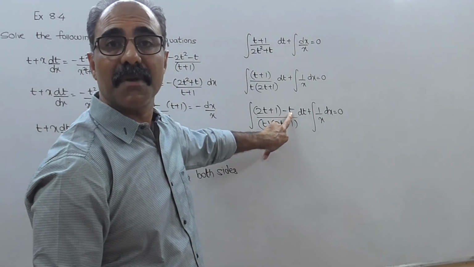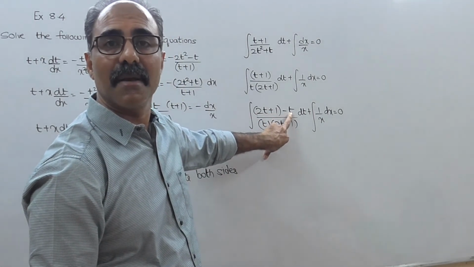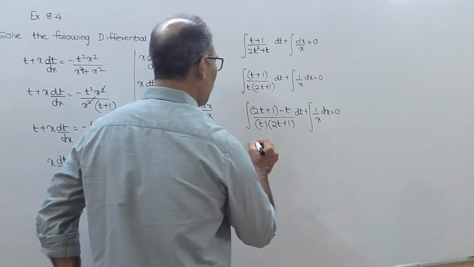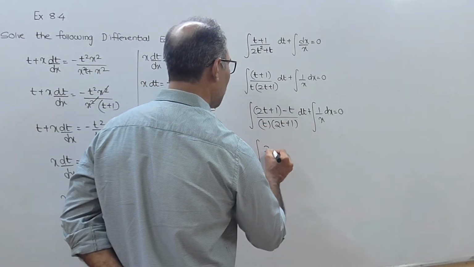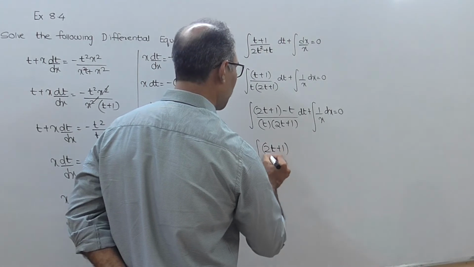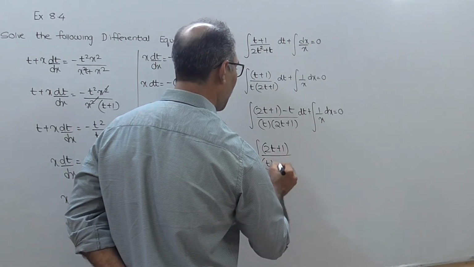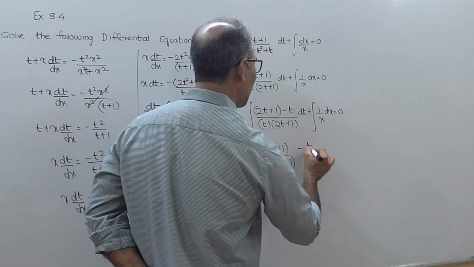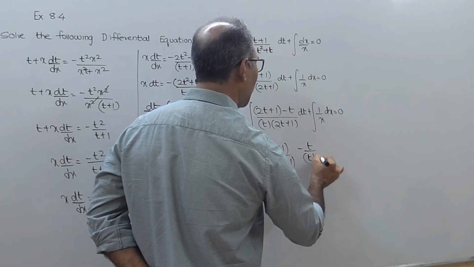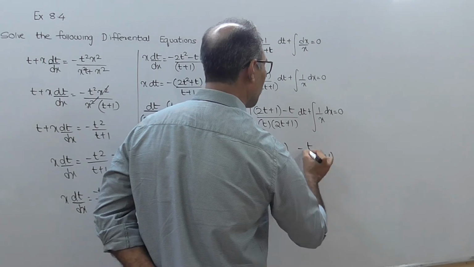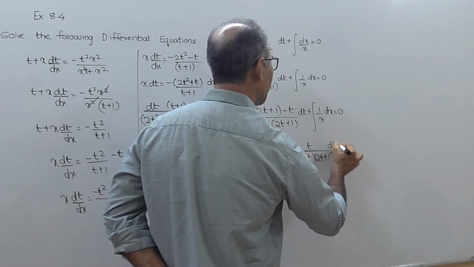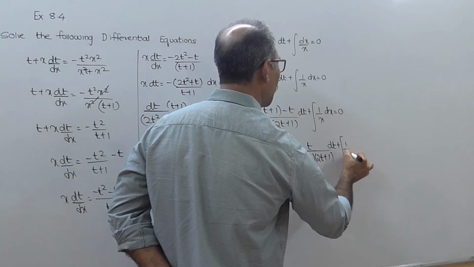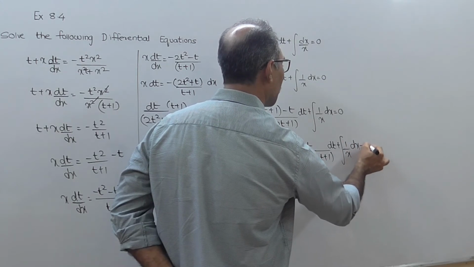So 2t plus 1 minus t is nothing but t. Okay. So now I will split the terms. I get this as 2t plus 1 upon t into 2t plus 1 minus t upon t into 2t plus 1 followed by dt plus integration 1 upon x dx equal to 0.